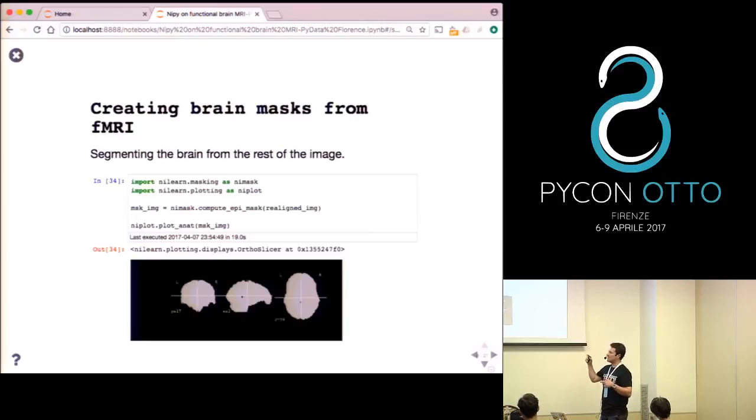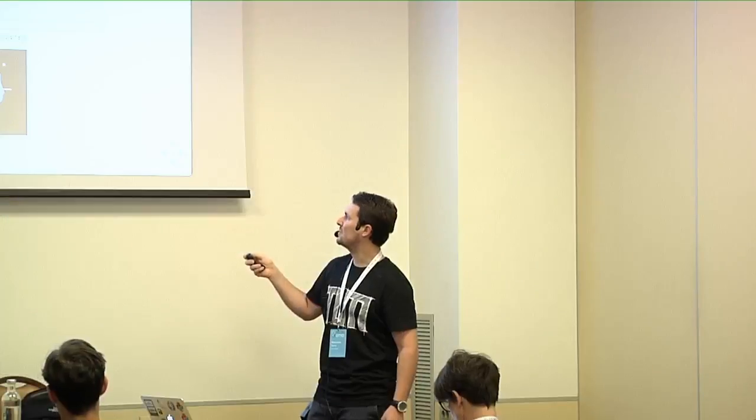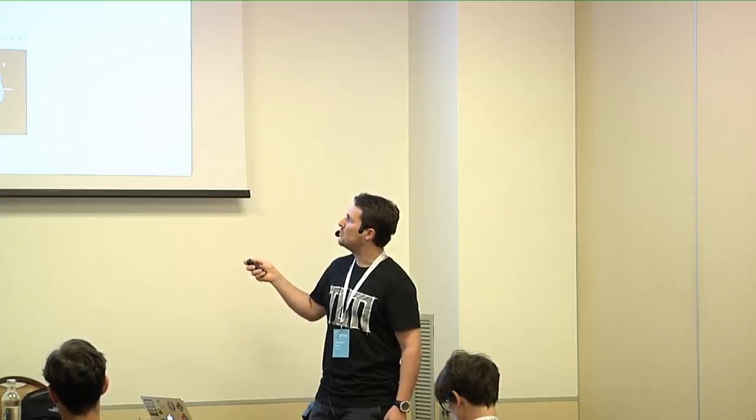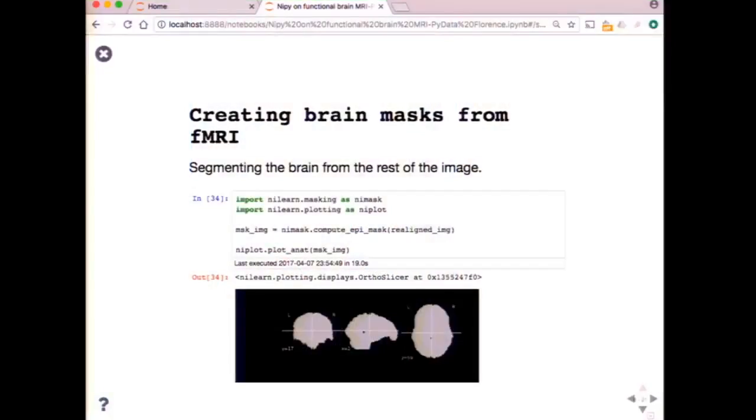I'm only interested in the brain, so why should I apply some signal filtering or other things to the whole image? Nilearn has a masking submodule and a compute_epi_mask function that will give me a mask.